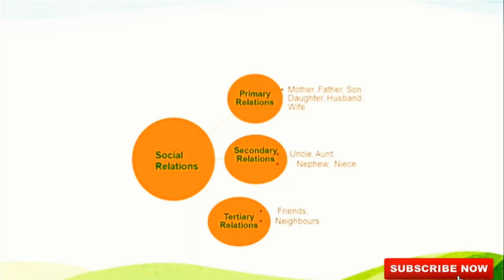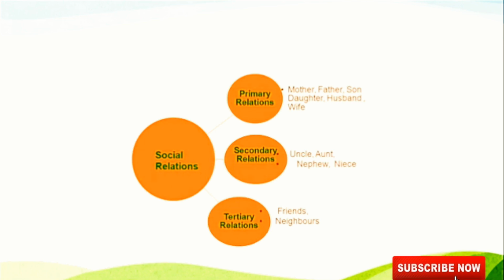For example, in our everyday life, we come across relationships like mother, father, son, daughter, husband, wife. All these relationships are called primary relations.